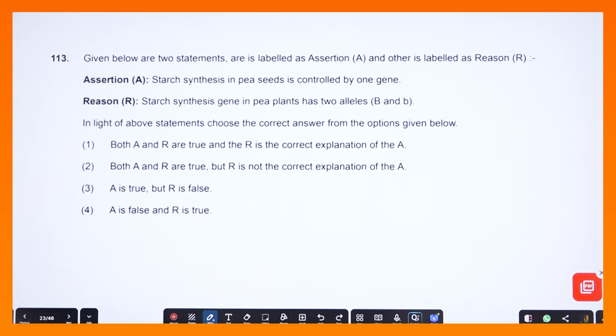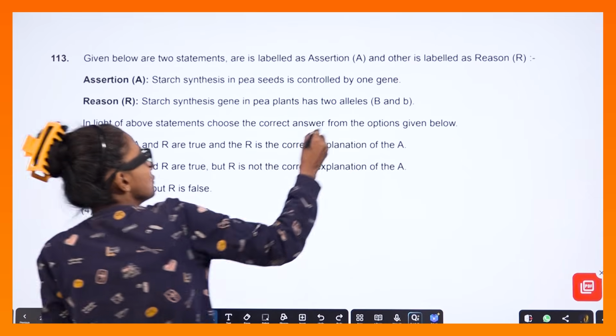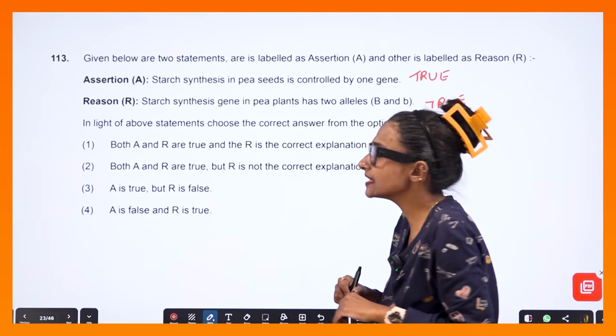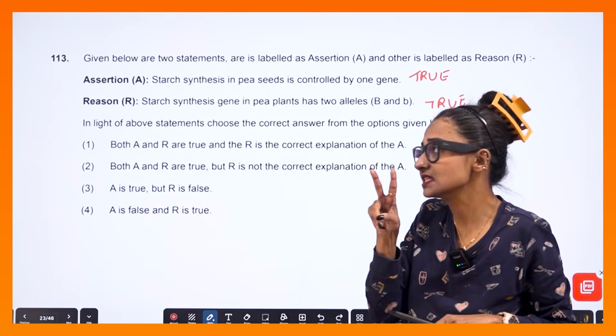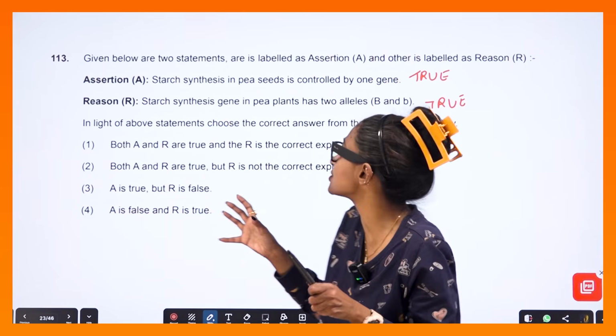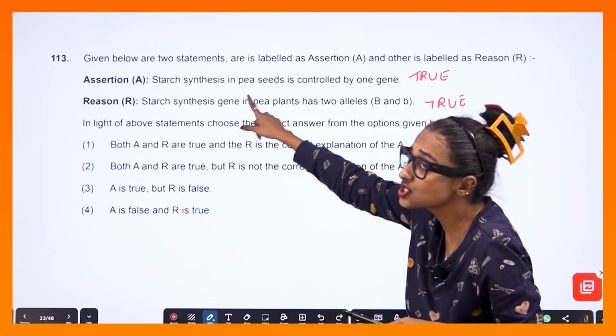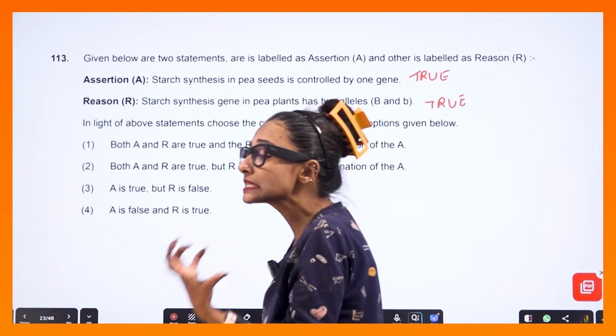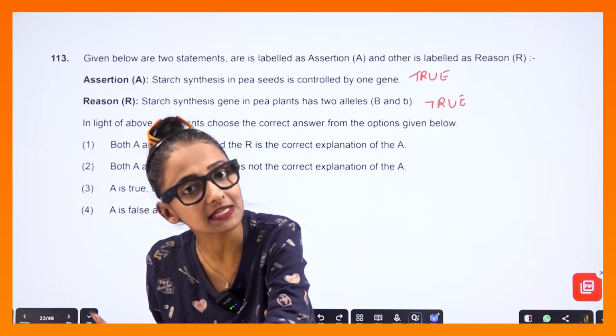Starch synthesis in pea seeds is controlled by one gene, because the starch synthesis gene in the pea plant has two alleles. This statement is true, and that starch synthesis gene has two alleles is also true. But is the reason the correct explanation of starch synthesis being controlled by a single gene?